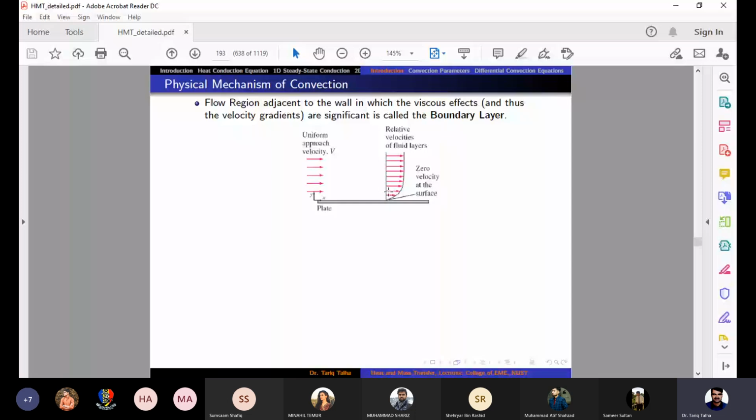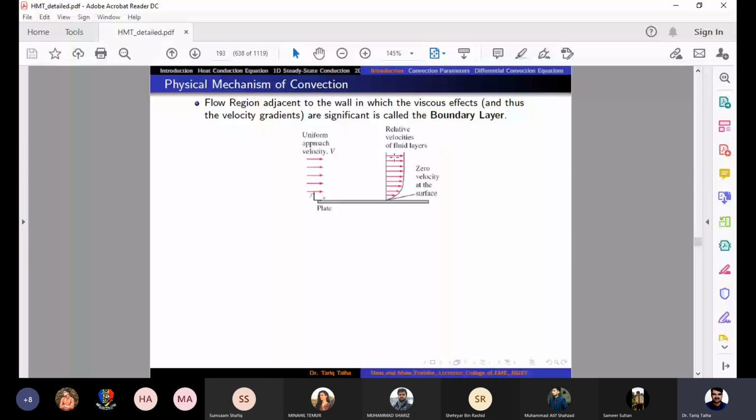Then the second layer of molecules would apply a drag force on the third layer, and that drag force is directly proportional to the viscosity of the fluid. So the more the viscosity, the more the drag force, and this velocity profile would take longer to reach the free stream value, which is shown here.